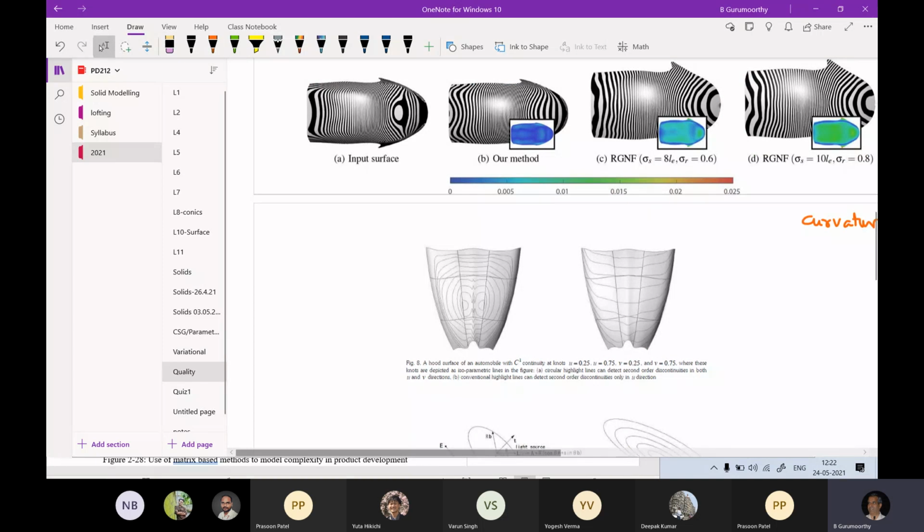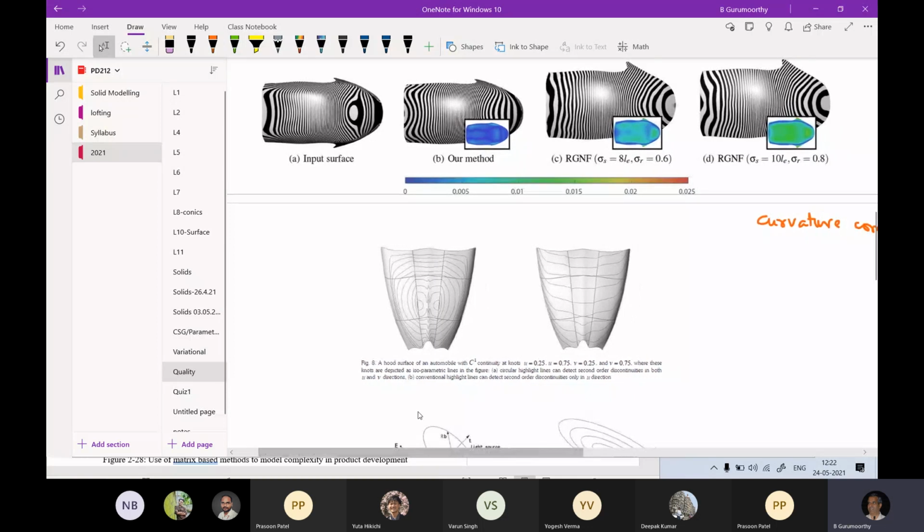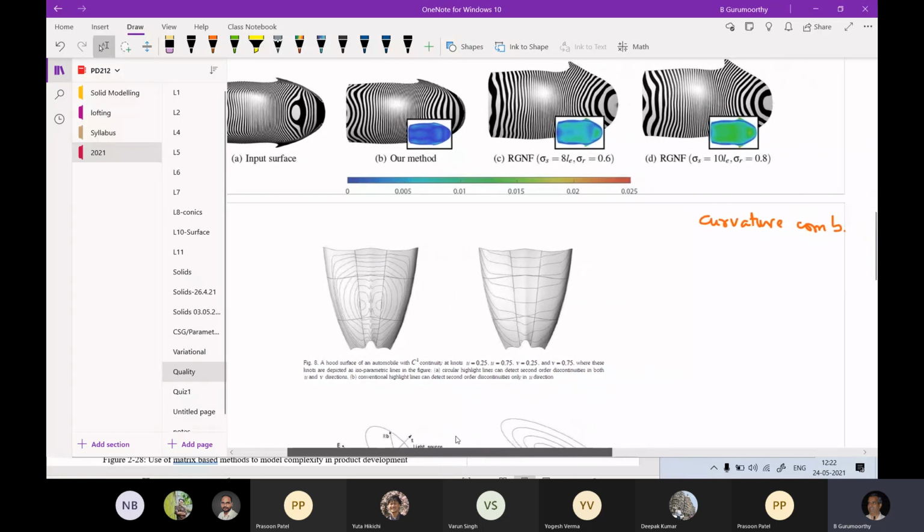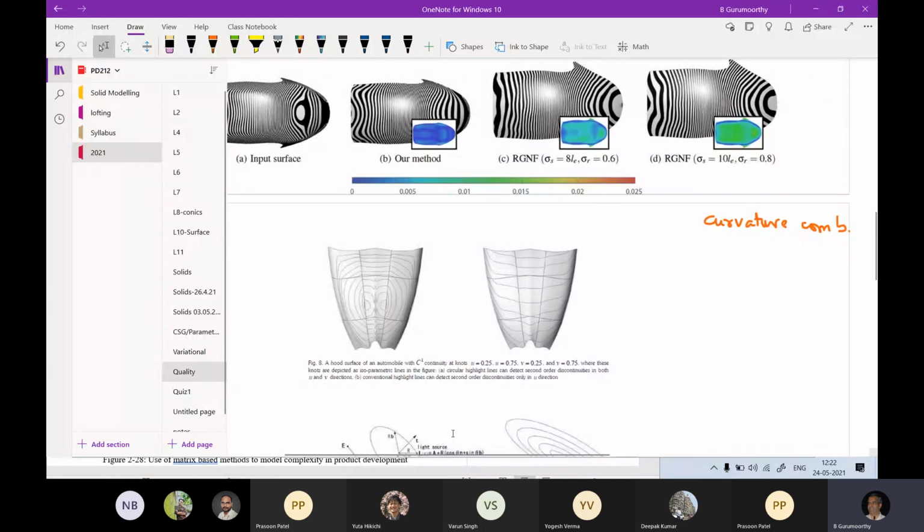A similar idea is used for detecting quality with slightly better results, using projected light. This is the hood of a car on which you are projecting. Typically, what we used to use is lines of light, which should be parallel, projected on some underlying surface, and then drawn.